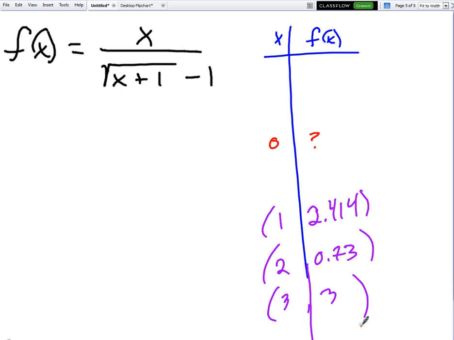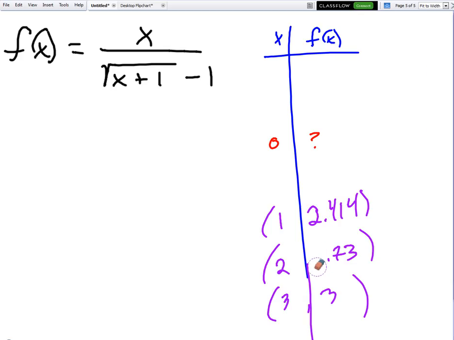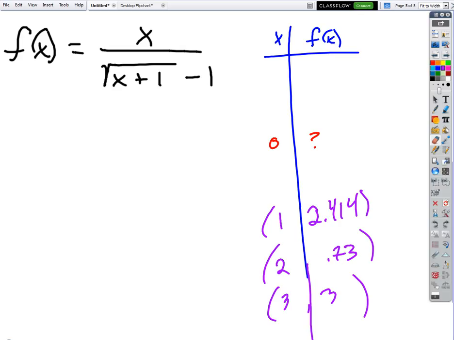We messed something up there, that can't be right. 3 squared of 4, 2 minus 1. That one wasn't right. What's that one supposed to be? So for 2 we get 2.73. There we go. That makes sense.